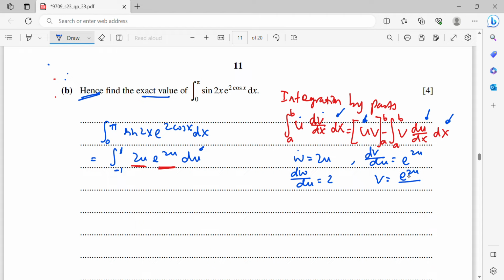So when you differentiate 2u, it will be 2. Okay, and then now use the formula. Instead of uv, it now becomes wv. So it will be 2u times e to u over 2 with limits minus 1 and 1.